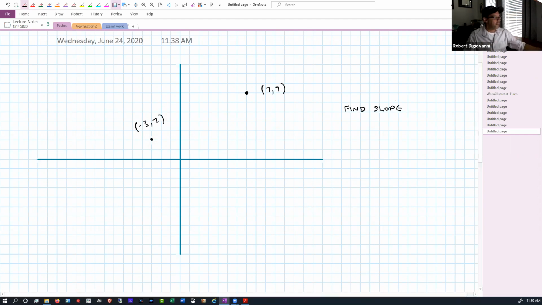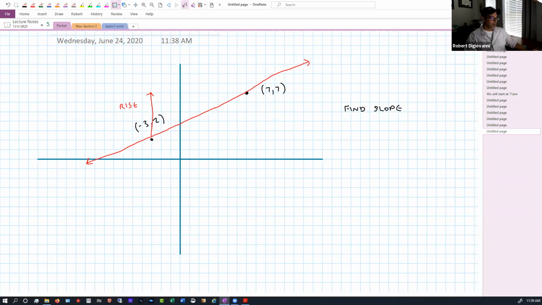If these points live on a line, then we can always use the slope to go from one point to the next. So how much did you have to go up by here? What was your rise in order to go from that one point to the other?